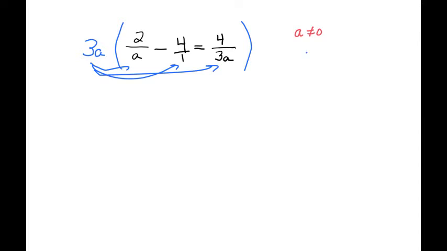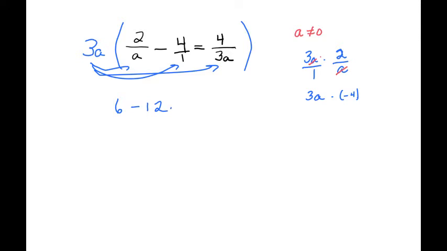So if you had 3a and you multiply it by 2 over a, you could see that the a's would cancel out, leaves you with 6. So our first term now is just a 6. And then when we have 3a and we multiply it by a minus 4, it gives us minus 12a.